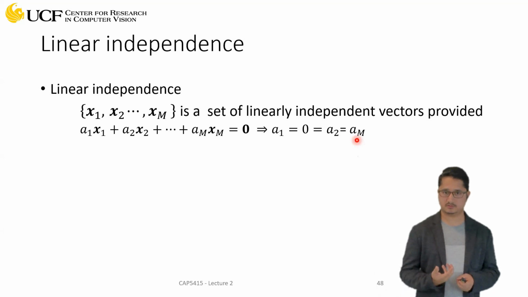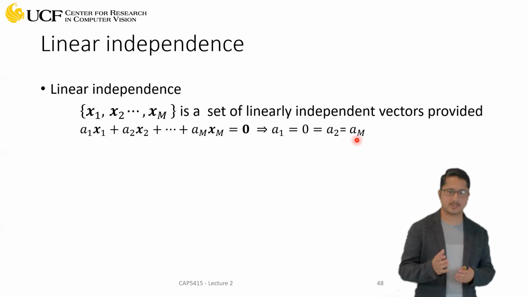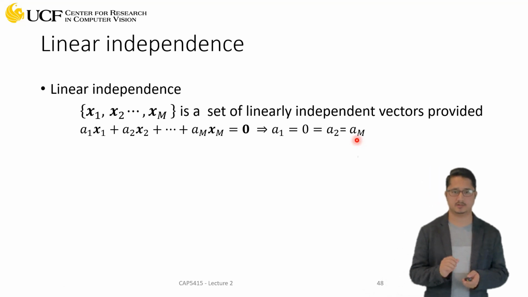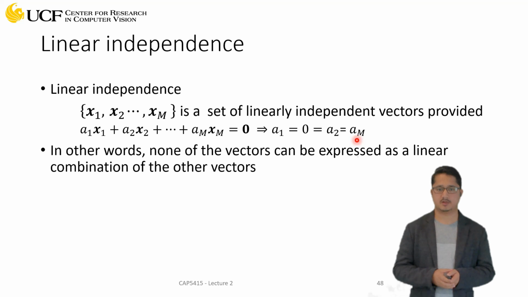If they are not 0, then this will never happen. That's the mathematical condition to assume that all these vectors are linearly independent, which is fine, but let's try to understand a more intuitive meaning. What does it mean to have linear independence?